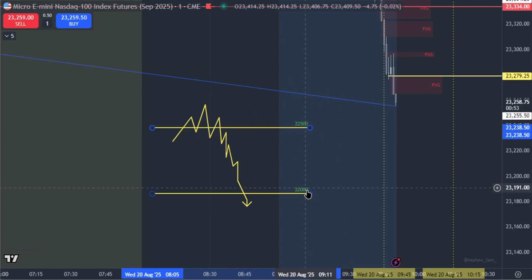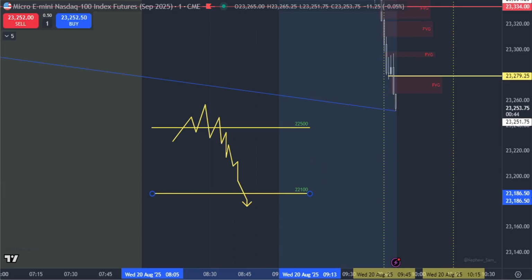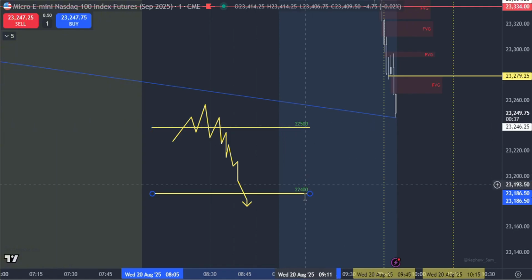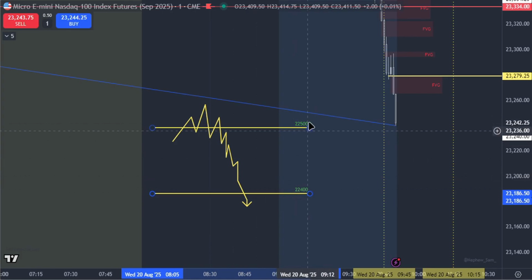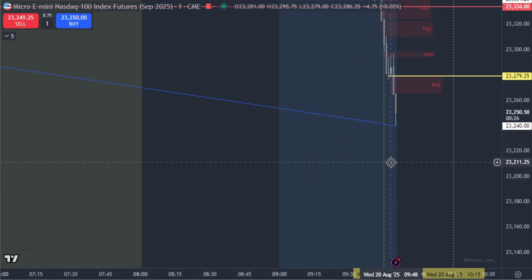It takes your 500, and then you look at 22,100. Oh, not 100, 400. You can go by different prices, like 500 to 400. There's just a 100 price difference here. But I don't look at it that way.